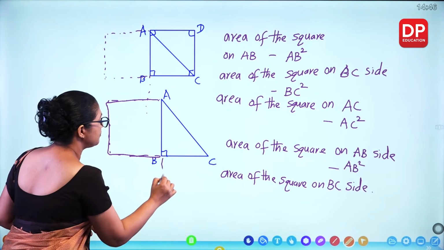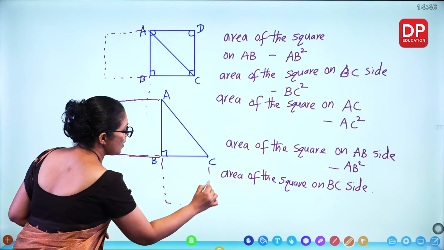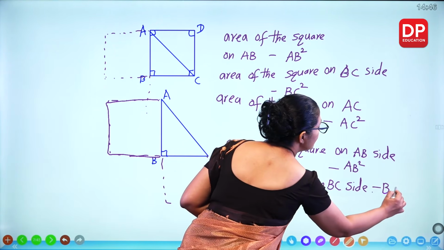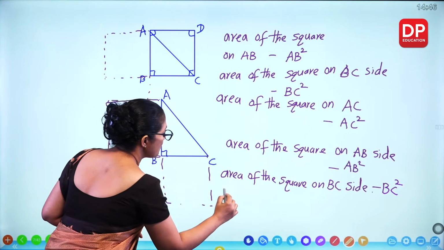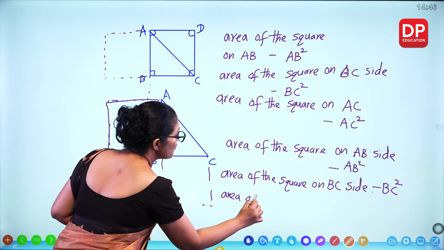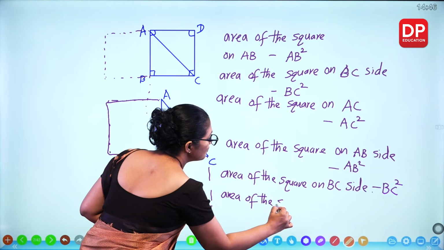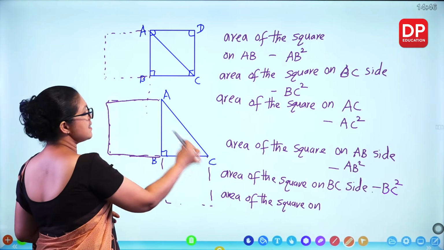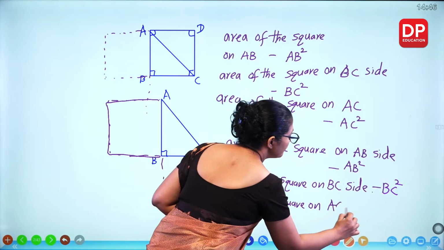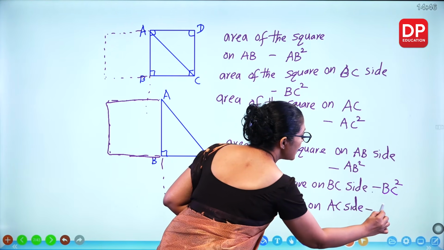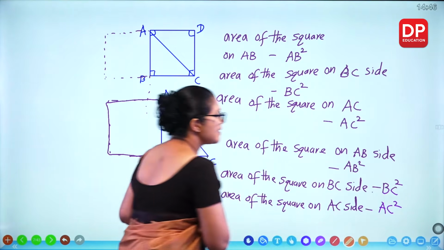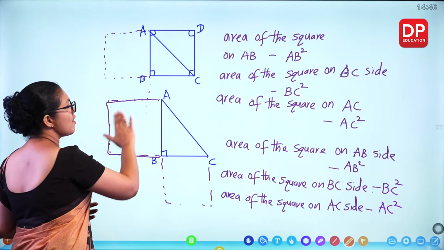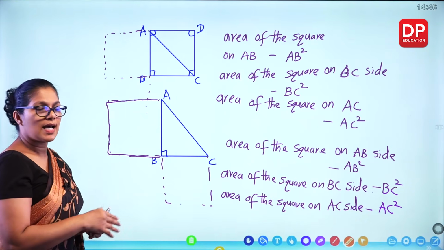You get a square here, BC into BC, BC squared. Then what's the area of the square on AC side? That's AC squared. So you need to know the area of a square on all sides.